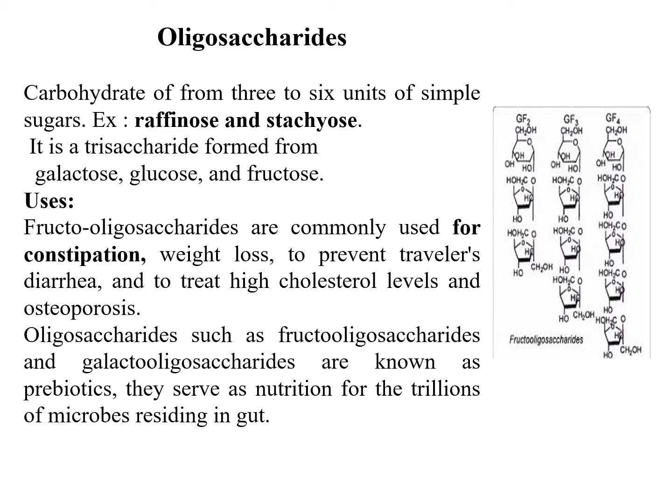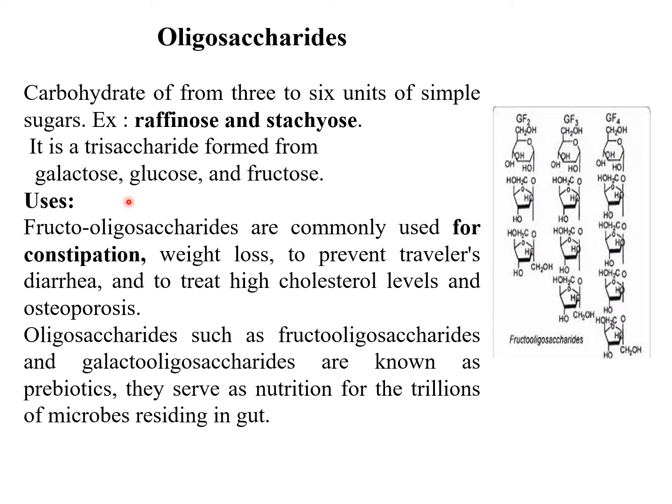Examples are raffinose and stachyose. Raffinose consists of 3 monomers and stachyose of 4 monomers. The trisaccharide raffinose, if hydrolyzed, yields galactose, glucose and fructose.